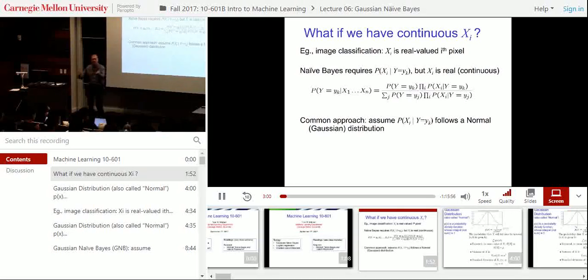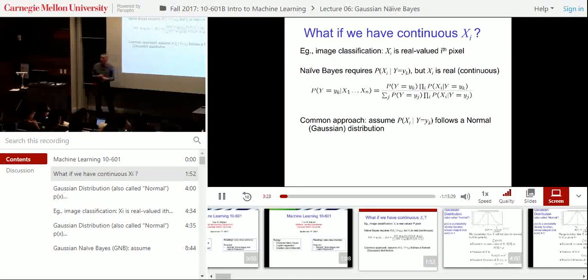Then we worked out exactly how we would estimate those probability terms P of xi given y under the assumption that the x's were just Boolean, 0 or 1. But today, we're going to look at what happens if they're real valued. That's, of course, very common in real data, and so we want to cover that case.